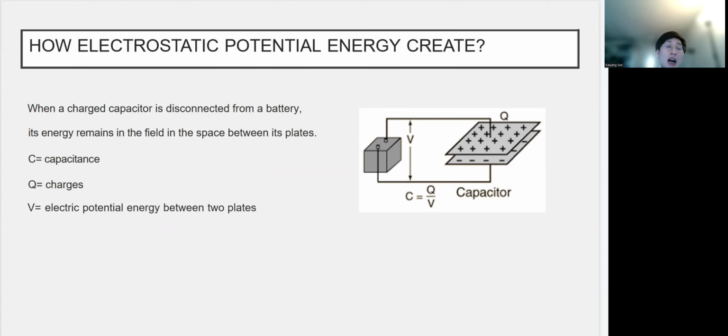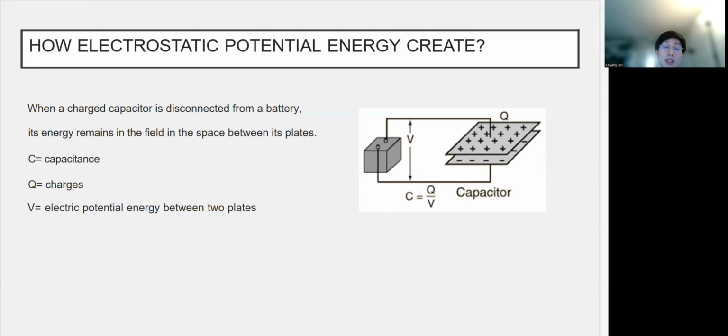Now I will tell you how the energy enters the capacitor. When we connect a battery across the two plates of a capacitor, the current charges the capacitor, leading to an accumulation of charges on opposite plates of the capacitor.